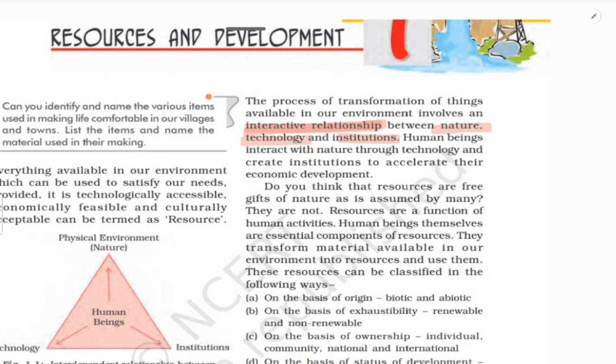So do you think that resources are a free gift of nature? Obviously not. Resources are a function of human activities.